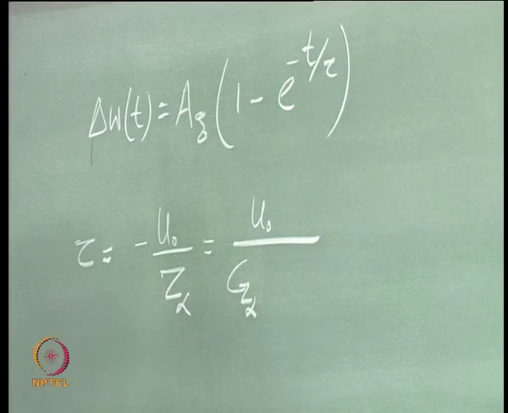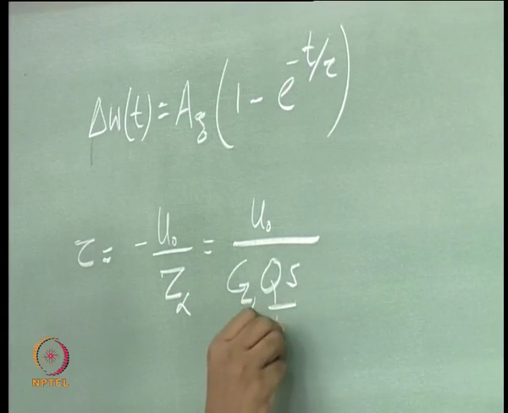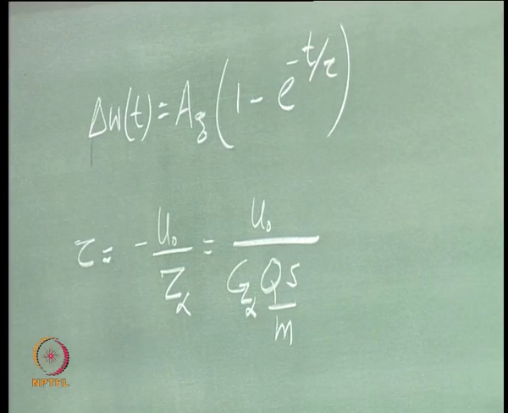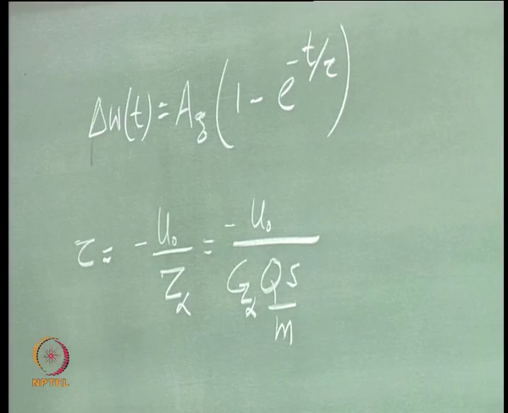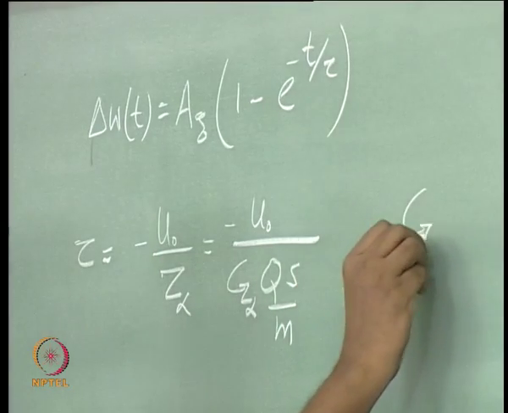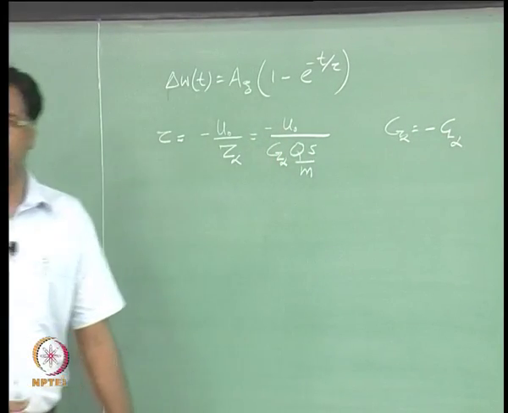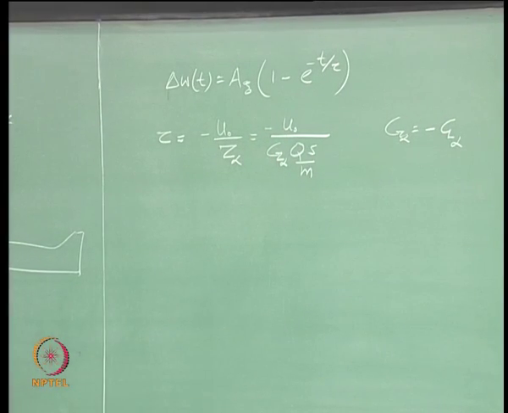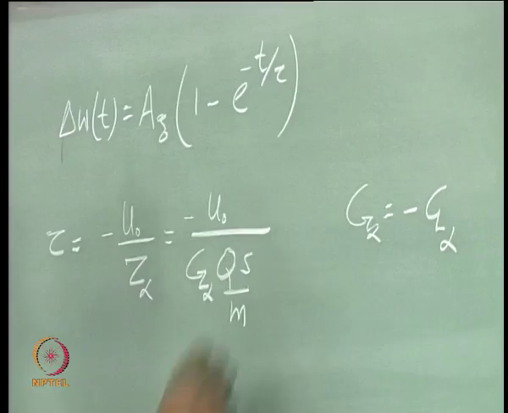Cz alpha q S over m, right. And this Cz alpha is nothing but minus of Cl alpha. The way we define the axis, z is in the downward direction and lift is in the upward direction.